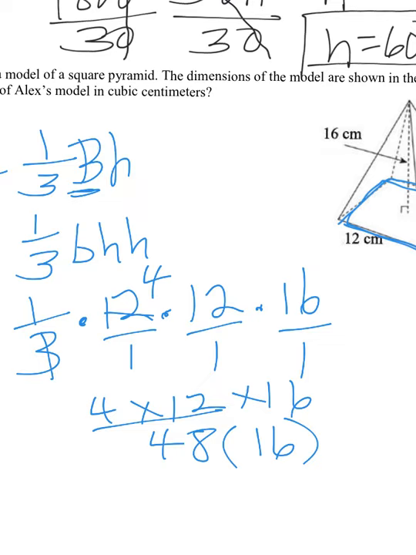And 48 times 16 is, pause the video and solve that. Correct, 768 cubic centimeters. Centimeters cubed. So the volume of that square pyramid is 768 centimeters cubed.